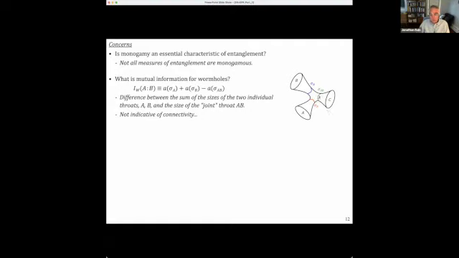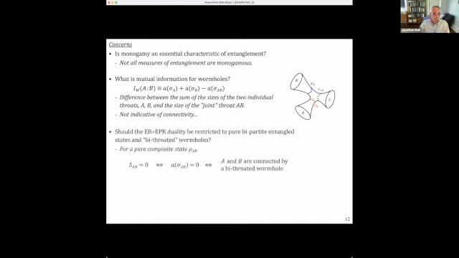That would be this cross-sectional area, sigma AB. And this doesn't seem to be a measure of connectivity in an absolute sense. At best, it's a measure of relative connectivity.